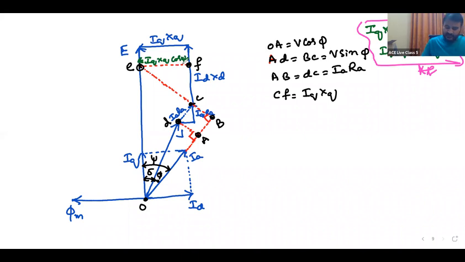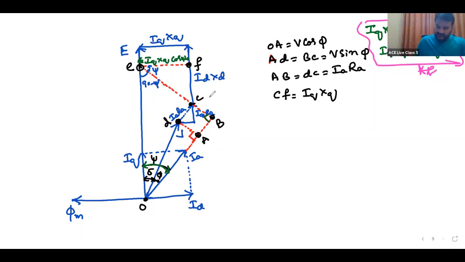When this is I_a X_q cos psi, see the angle, dear students. This is psi, this is 90. What is this angle? This angle will be 90 minus psi. And what is this angle? This is psi.